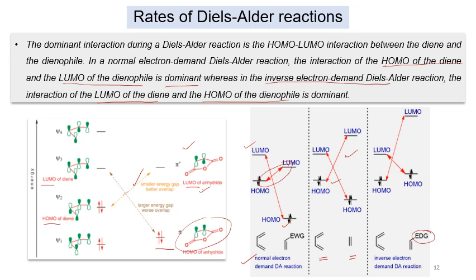Whereas the LUMO of the dienophile remains more or less the same, or if it has an electron withdrawing group, then the LUMO is also brought down in energy. Therefore, now this particular energy gap becomes the dominant interaction. This is for the inverse electron demand Diels Alder reaction.